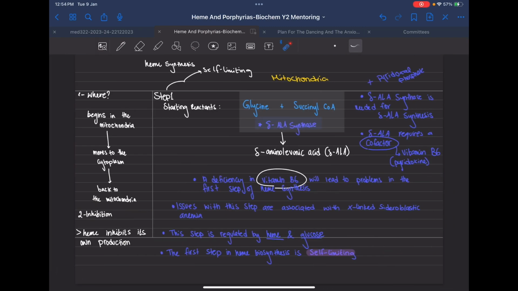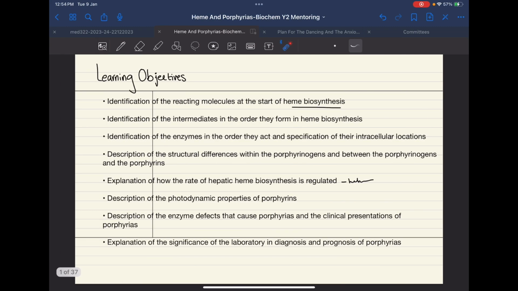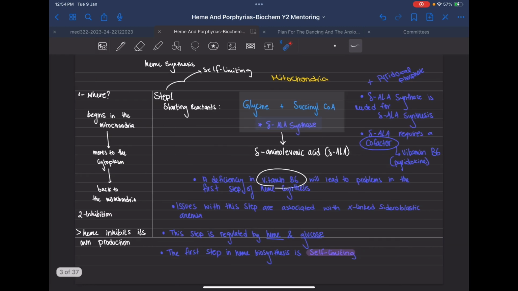So for heme biosynthesis, before we can go into porphyrias and what they are, we need to understand how heme is formed. And in order for us to tick off all these points in a way that can make you also understand what's going on, I'm going to be going over the heme biosynthesis pathway and explaining each step.